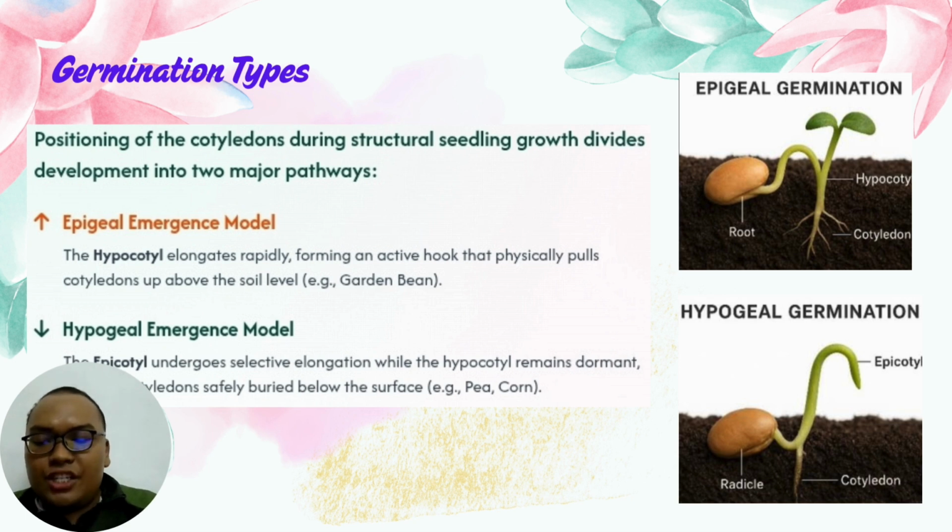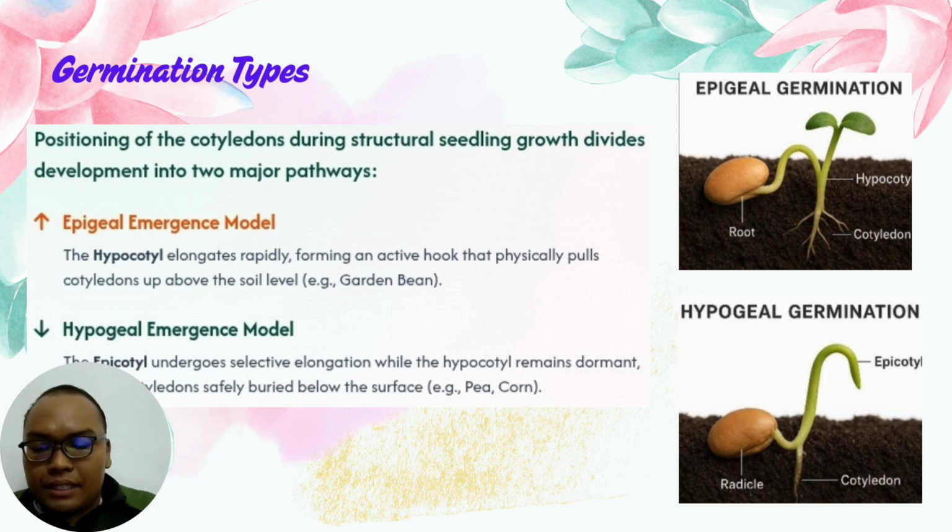Next is germination, the process of a seed growing into a new plant. There are two main types. First is epigeal. In epigeal germination, the hypocotyl elongates rapidly, forming an arched hook that physically pulls the cotyledons up above the soil level.